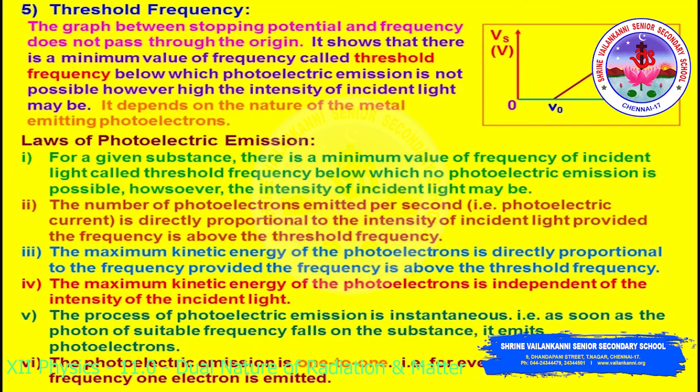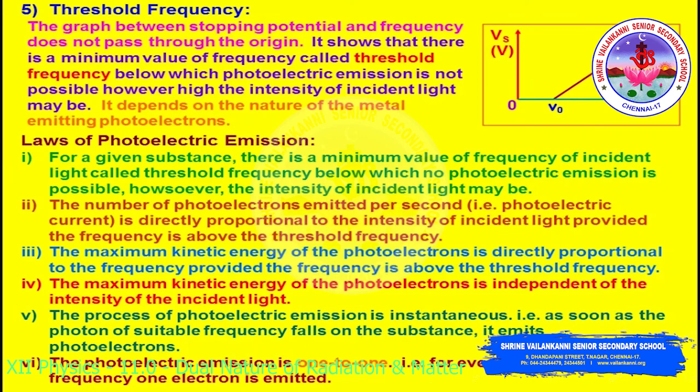The process of photoelectric emission is instantaneous, that is, as soon as a photon of suitable frequency falls on the substance, it emits photoelectrons. The emission is one-to-one: for every photon of suitable frequency, one electron is emitted. So photoelectric emission is an instantaneous process.